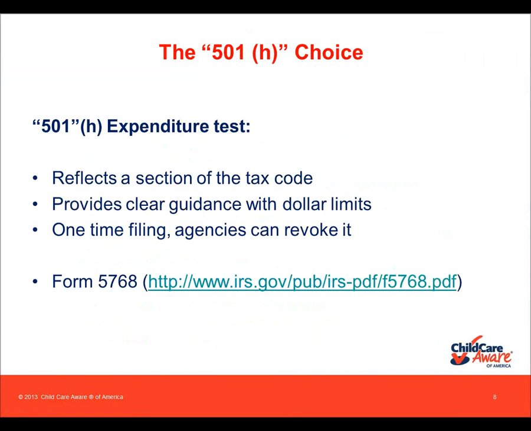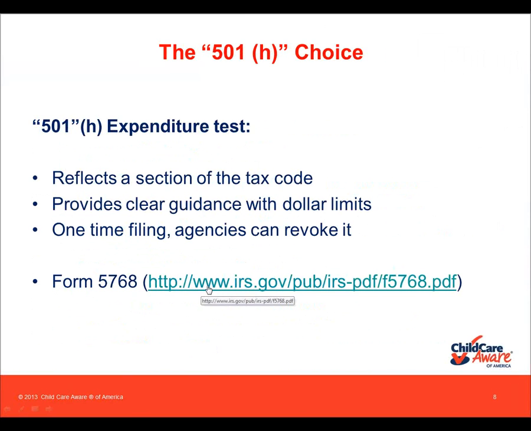Basically, it reflects the section of the tax code, so when your nonprofit's filing taxes, you just have to file it once. It gives you clear guidance about dollar limits, which I'll show you the formula for in a minute. You only have to file it one time, and your agency can revoke it at any time. If you don't want to have it filed in your taxes, you don't have to.